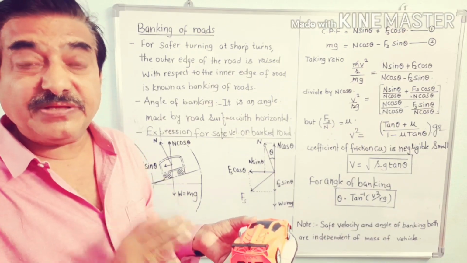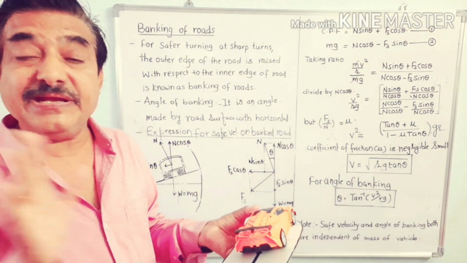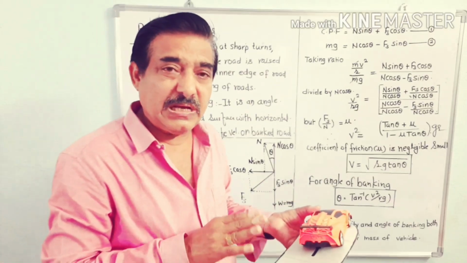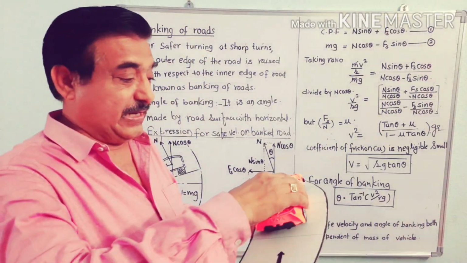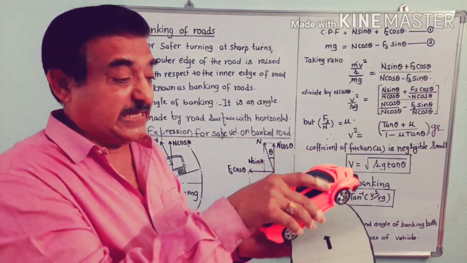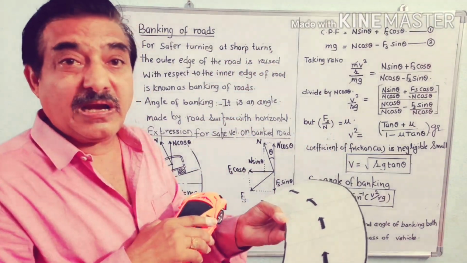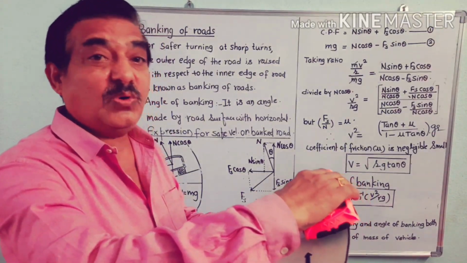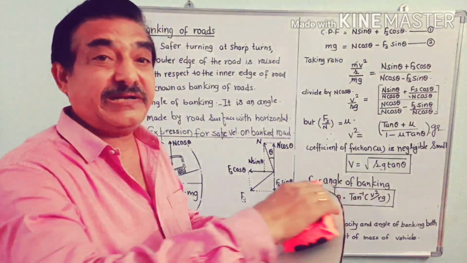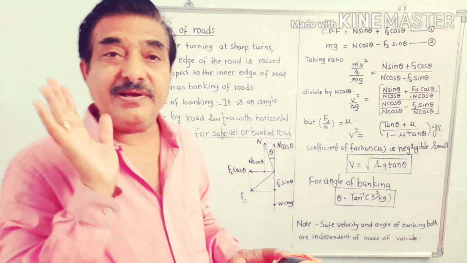So in this way, this demerit is eliminated in the case of banked roads. And the second one, the skidding of the vehicle: as the outer surface is elevated at a higher level, the vehicle will not skid in the outward direction, or its skidding tendency is prevented.